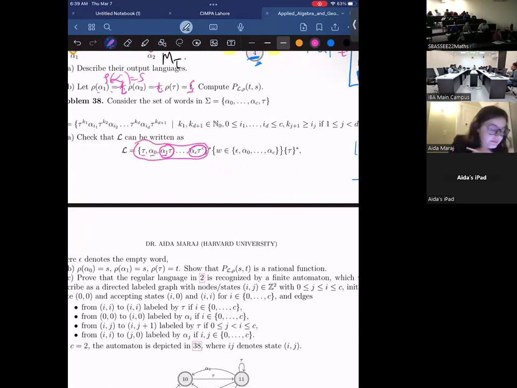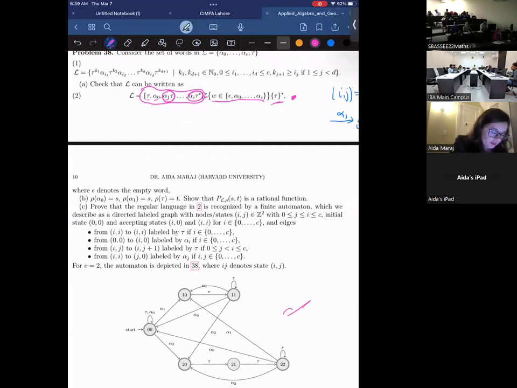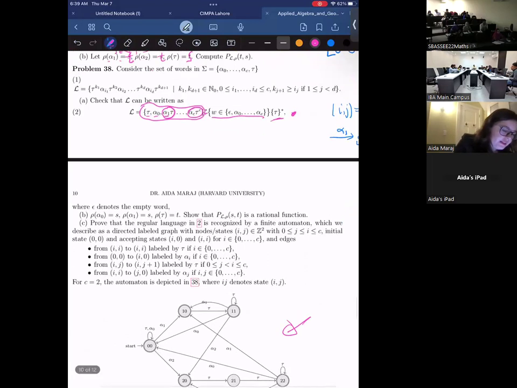So it's a union. You take the Kleene star, and you again can read one of the singleton letters, and then you do a Kleene star to tau.